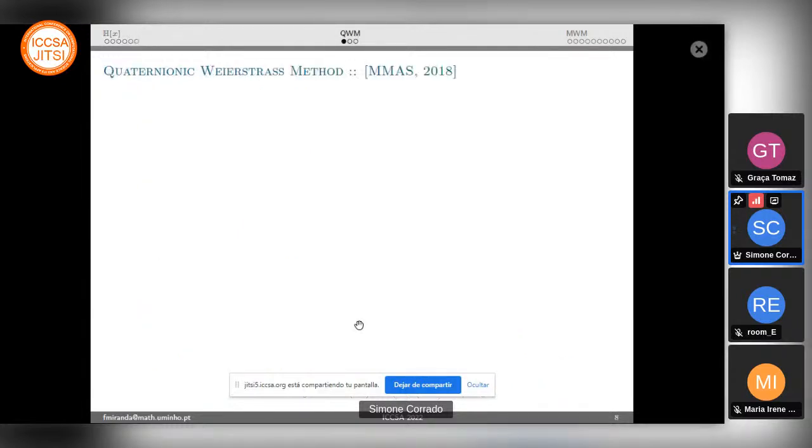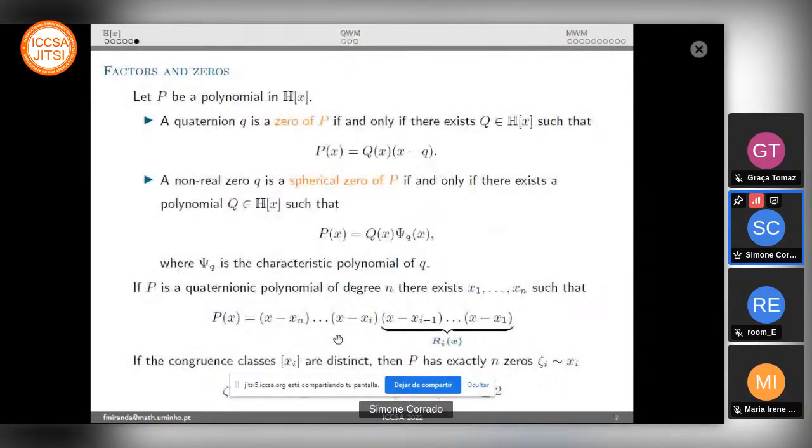But observe that the elements x1, etc., xn are not zeros of Q. They are what we call factors of Q, but we can obtain the zeros of Q using this relation here. Okay.